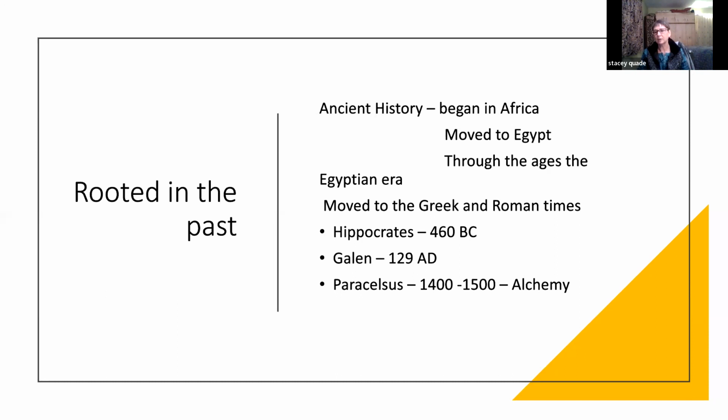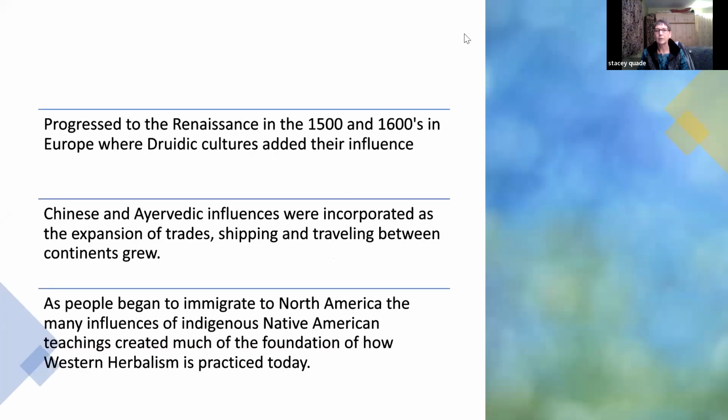Paracelsus, from the 1400s and 1500s, was an alchemist, and he has a lot to do with some of the ways that we practice Western herbalism today, and we're going to flesh that out a little more.